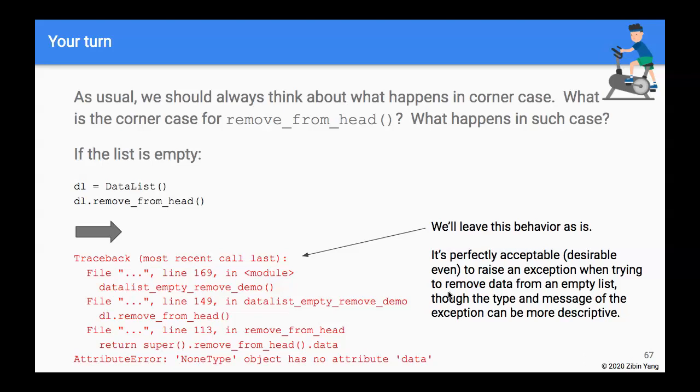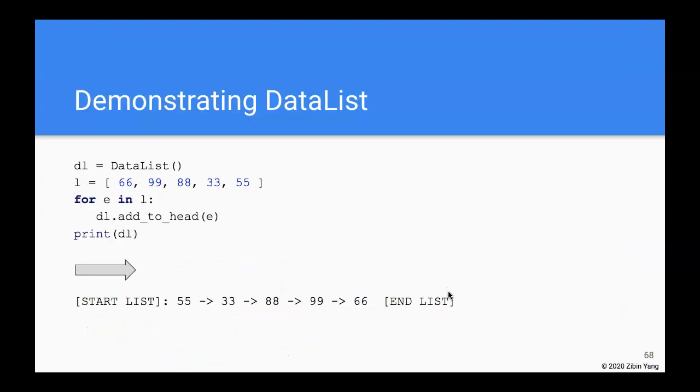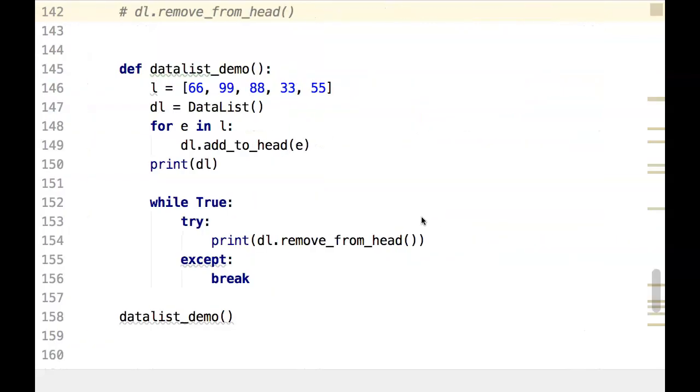So now with this question out of the way, we can actually see how we can use the data list to store data, such as numbers. Here I have a list of numbers, and I instantiate a data list, and I insert all the elements from the list. I add all of them to the head, and then I print out the list, and then I remove each one of them and print them out.